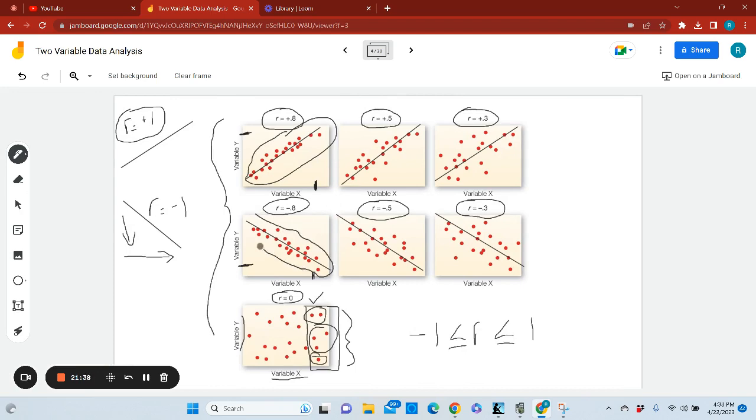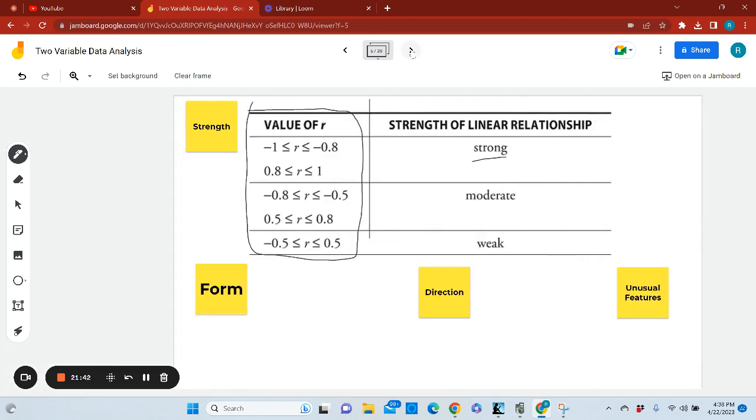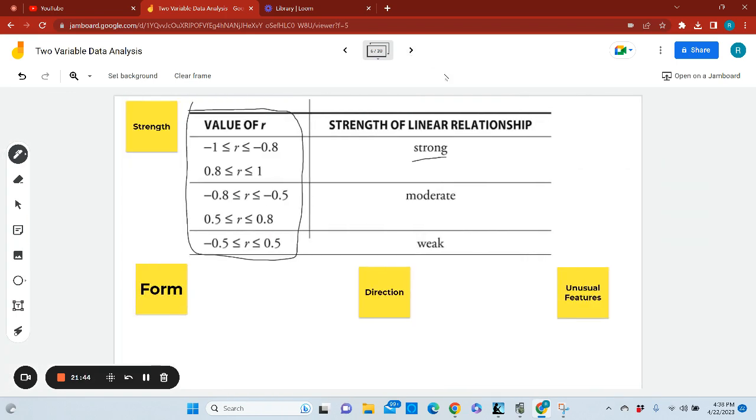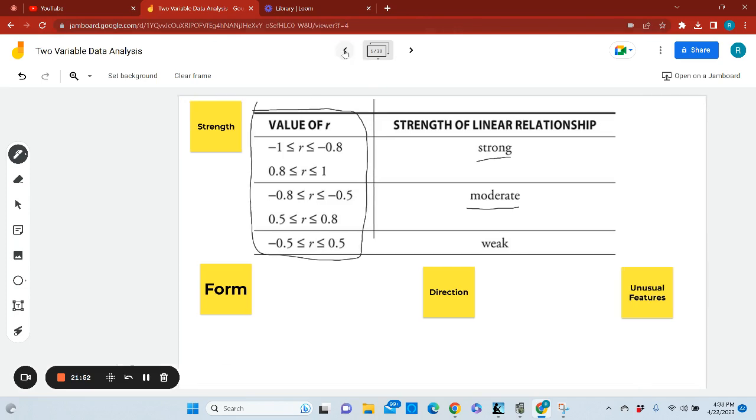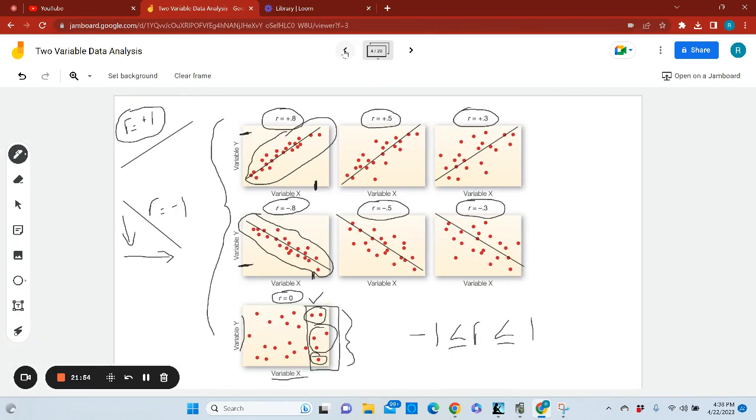They're going in different directions, but they are strong relationships. The dots are tightly packed. All right. If you have a correlation that's somewhere between 0.5 and 0.8 or negative 0.5 and negative 0.8, you could call that moderate. Okay. And again, I don't think you necessarily have to worry about memorizing that chart to a T, but just remember, right?